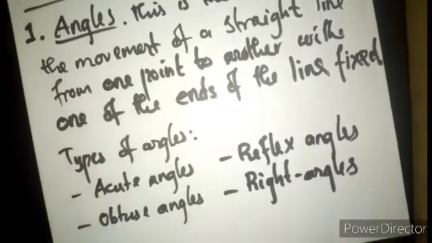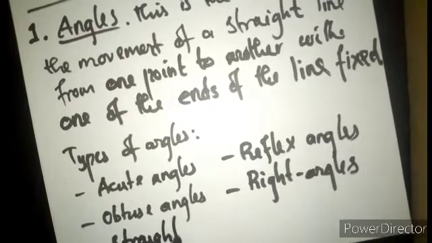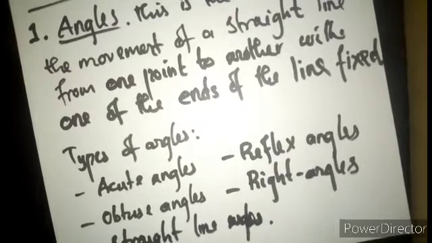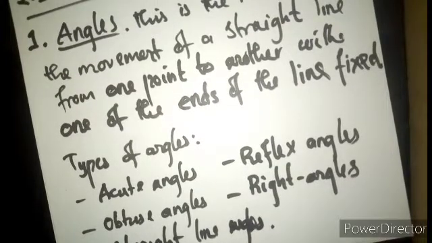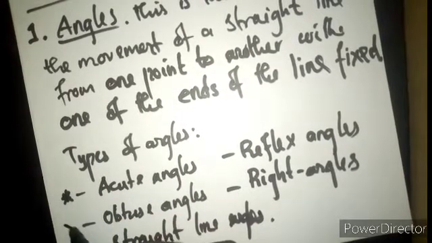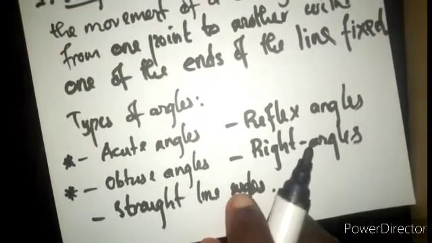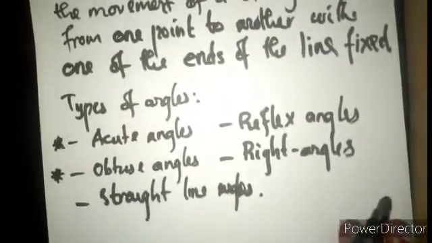What else? We also have straight line angles. These are the 5 main types of angles, but the popularly known are the obtuse, the acute, and the right angles. Now we are going to define each of these terms separately.